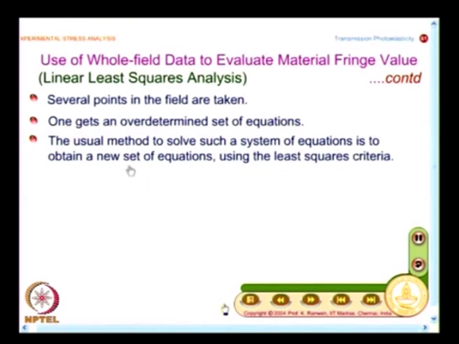And for me to get a new set of equations, I must first write the error term, because if I have found all the coefficients correctly and then if I take a data point, the error would be 0, because I have evaluated all the parameters correctly and it matches the data point. And I said, in any experiment there would be some sort of scatter. So, instead of the error being 0, we will only minimize the error. So, the error function is very simple and straightforward. You simply subtract the actual fringe order at the point of interest, which is experimentally determined.